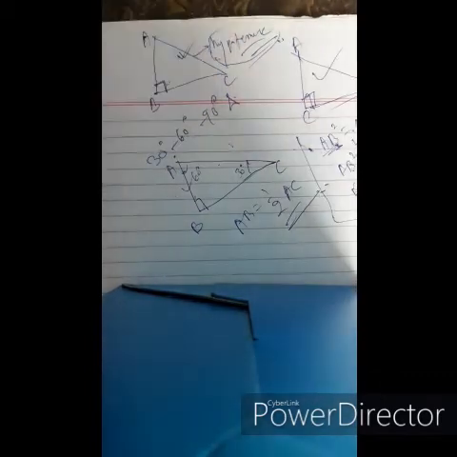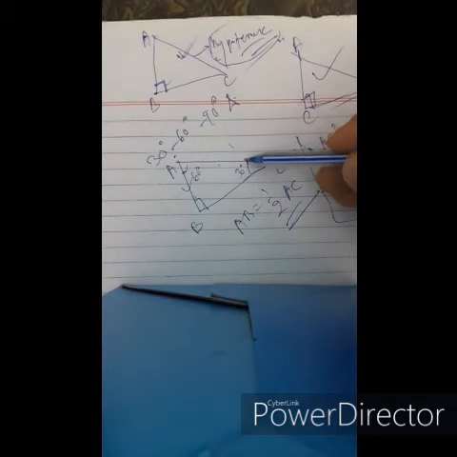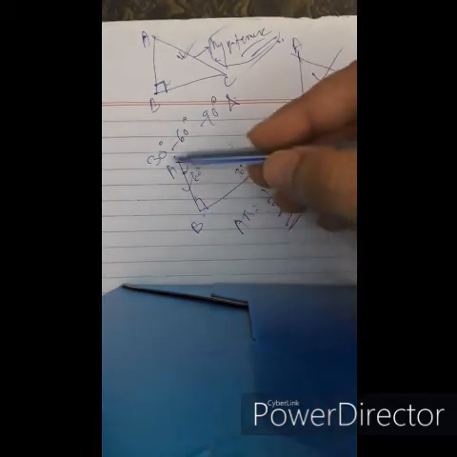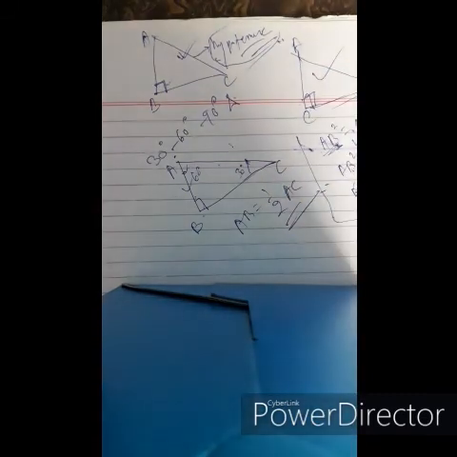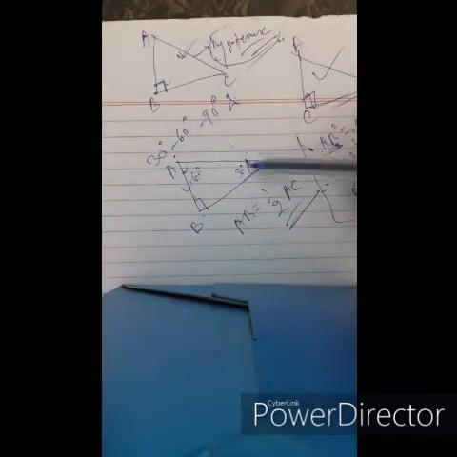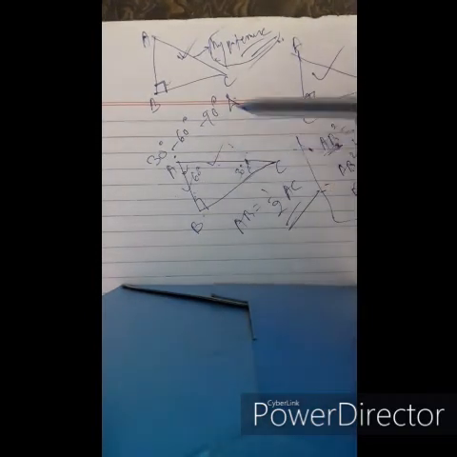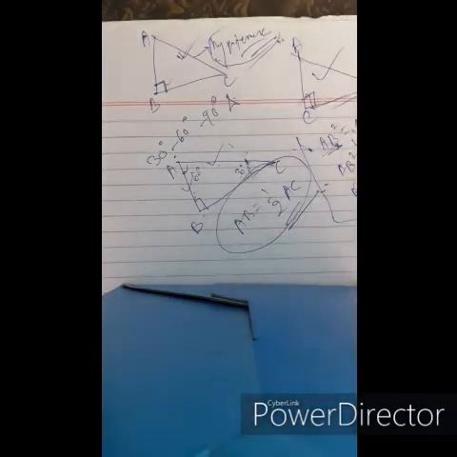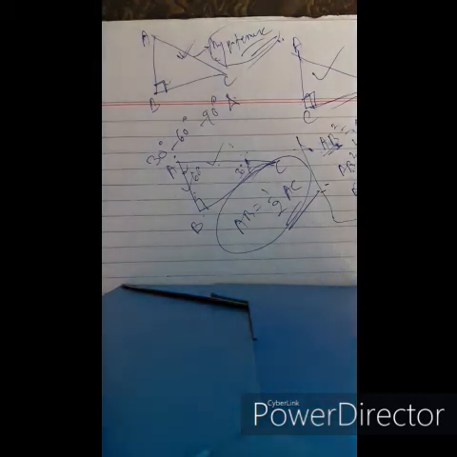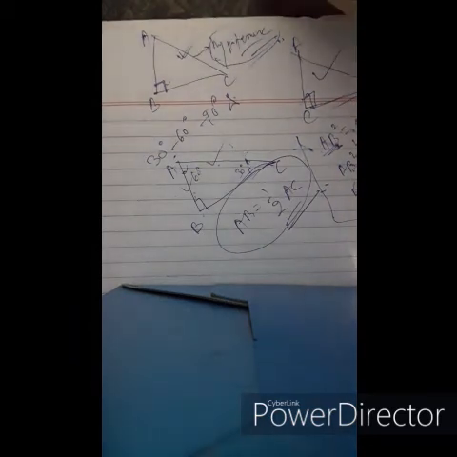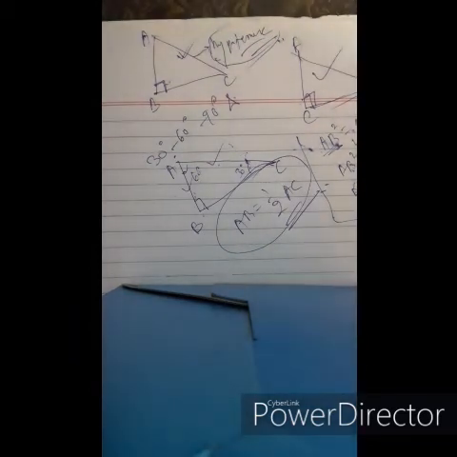Please remember, in a 30, 60, 90 degree triangle, the side opposite to the least angle, that is 30 degree, is equal to half of the hypotenuse. These points we have to remember prior to solving problems. So we'll take a look at a few problems.